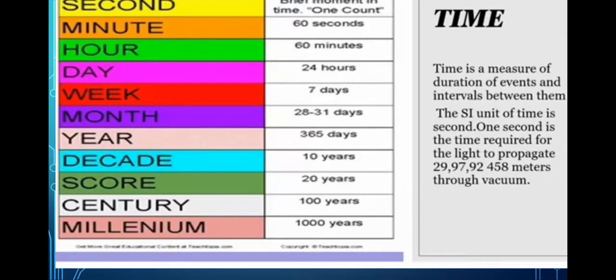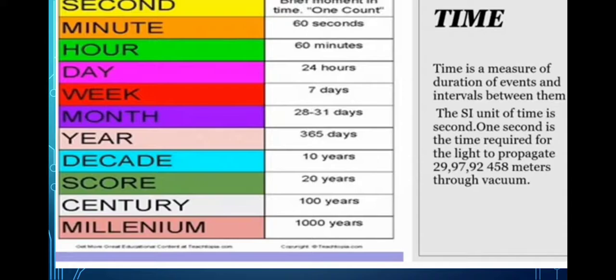Next, look at time. Time is a measure of duration of events and intervals between them. The SI unit of time is second. 1 second is the time required for the light to travel 29 crore 97 lakhs 92,458 meter through vacuum.